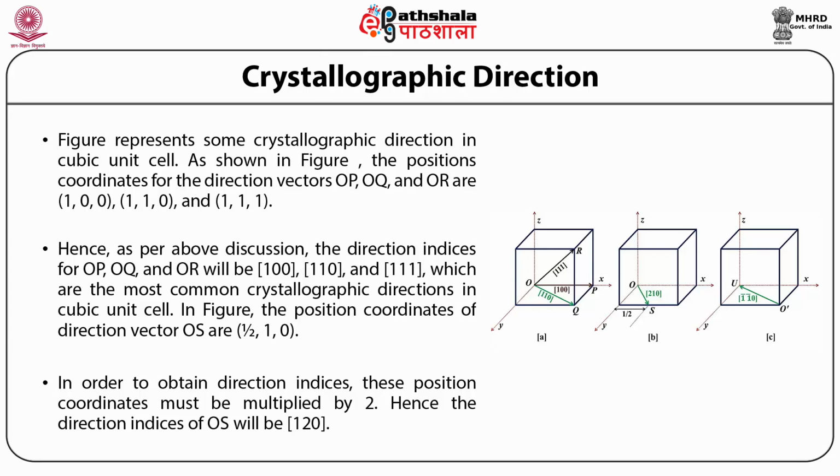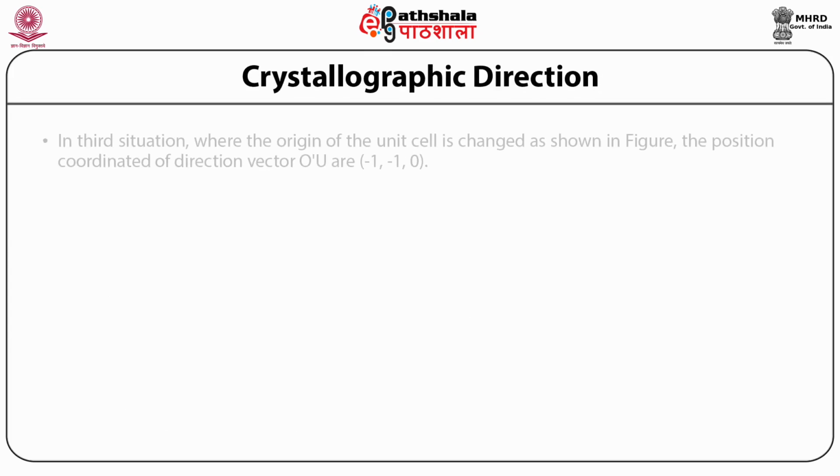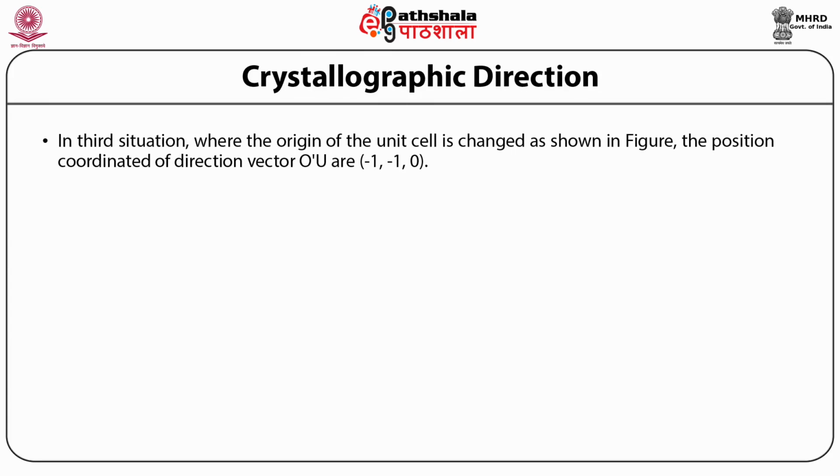Hence, the direction indices of OS will be [120]. In the third situation, where the origin of the unit cell is changed as shown in figure C, the position coordinates of direction vector O prime U are -1, -1, 0.